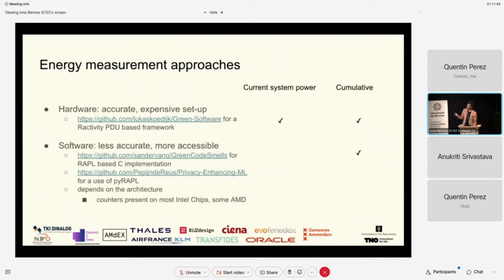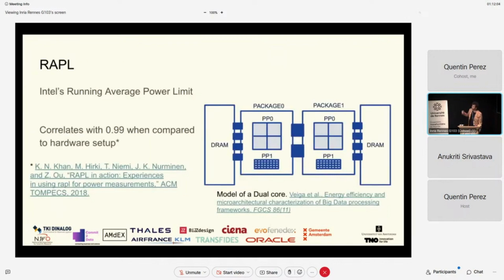Okay, then we want to measure the energy consumption. We could do that with a hardware solution, as presented in the first presentation. But as you also might have noticed, it was quite expensive, and it requires quite some work to do that. So we used a software approach, namely RAPL, which is the Running Average Power Limit, which measures the energy consumption in Intel chips.